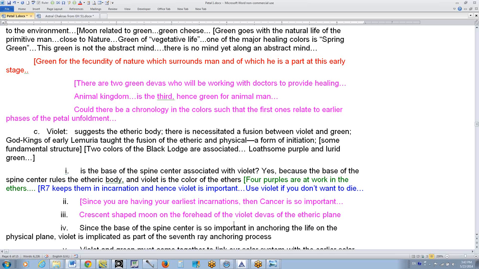The ethers of Ray 7 provide the vitality, and hence violet is important. So I think someone in healing says, well, use violet if you don't want to die, and use the color orange if you do. Well, it's related to the first ray, interestingly enough. Orange is, and so sandalwood incense and the color orange.